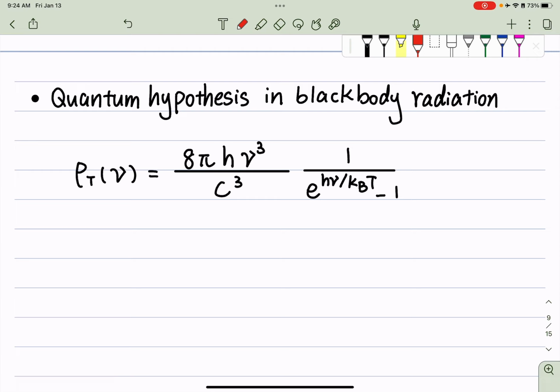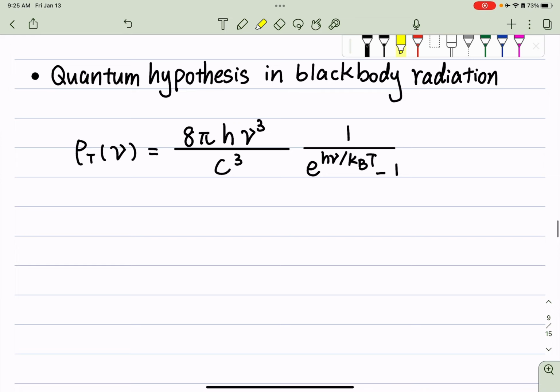Let's look at it together. On the left-hand side, we still have the constant 8 pi h over c cubed, that's constant. But on the right-hand side, we now have this peculiar exponential term. So what's the physical meaning of this exponential term?